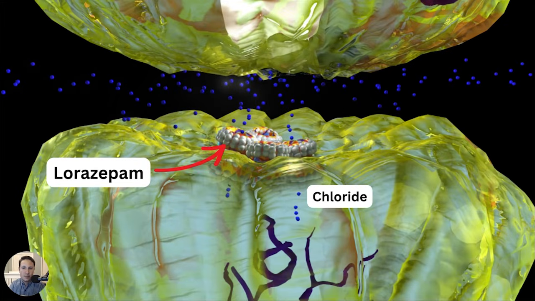Just like its benzodiazepine relative, clonazepam, lorazepam binds to GABA receptors and increases the flow of chloride, therefore stopping electrical signals. As I'd mentioned, a lot of benzos work very similarly, whether it be the mechanism of action or the effects on the EEG.